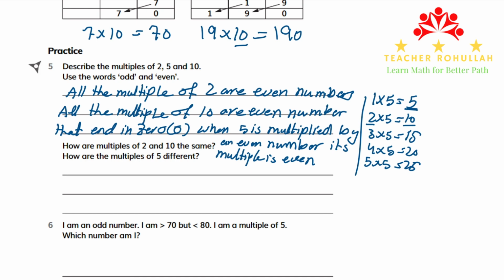Well, let me read the other part. In this part it says, how are multiples of 2 and 10 the same? How are the multiples of 5 different?